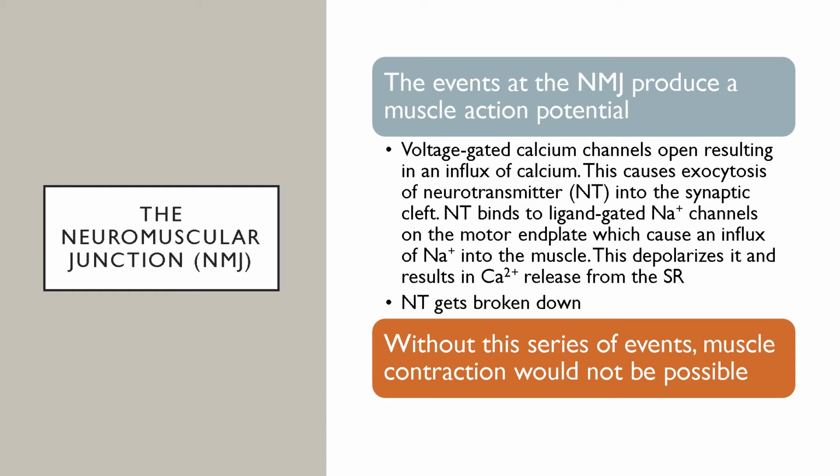Now the neurons that stimulate skeletal muscle fibers to contract are called somatic motor neurons. Now each somatic motor neuron has a thread-like axon that extends from the brain or spinal cord to a group of skeletal muscle fibers. Now muscle action potentials arise at the neuromuscular junction, also known as the NMJ. This is going to be the synapse between the somatic motor neuron and skeletal muscle fiber.